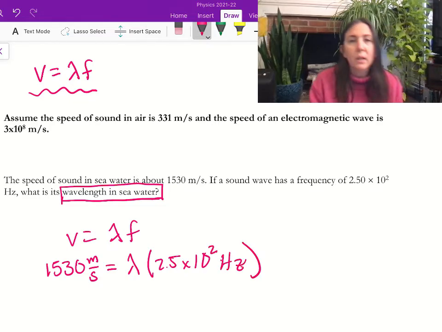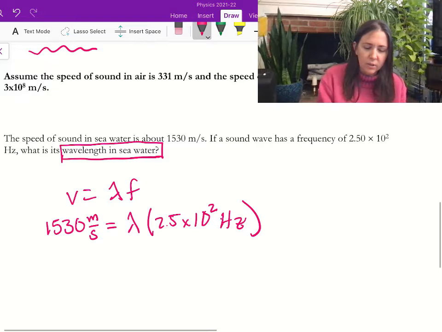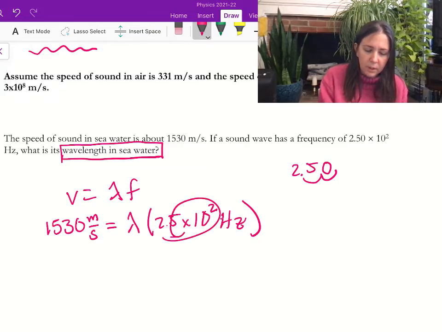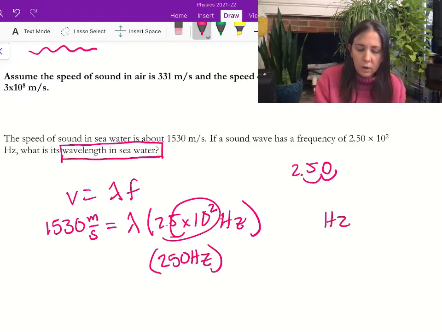Now, Dr. P, that's written kind of weird. Yeah, that's in scientific notation, just to throw you off a little bit. This is actually 2.5, move the decimal place over 2. So this number is actually 250 hertz. Now, if you remember, a hertz is just our unit for frequency. You could also say that as 1 over seconds.